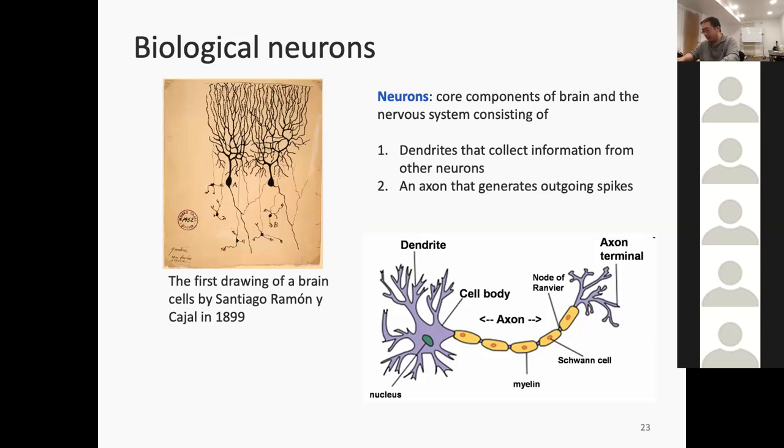But I want to mention that the invention of artificial neural networks was inspired by biological neurons. This is the first drawing of brain cells by biological scientists. People found that neurons consist of several key parts. One key component is called the dendrite.